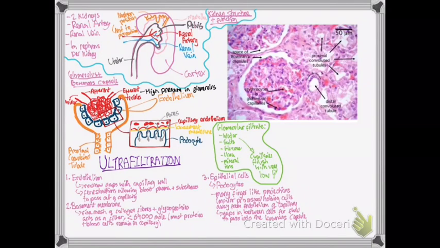What we've got here is a light micrograph of a kidney. So we've got here a distal convoluted tubule, which I'm about to come on to. We've got the space of the Bowman's capsule, so this space here, and the glomerulus inside here.